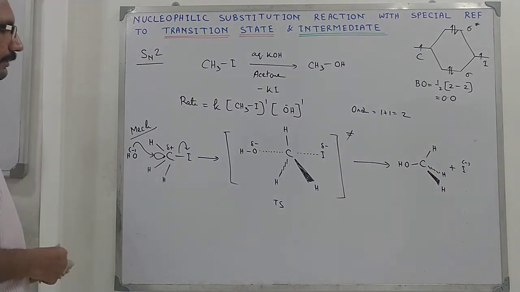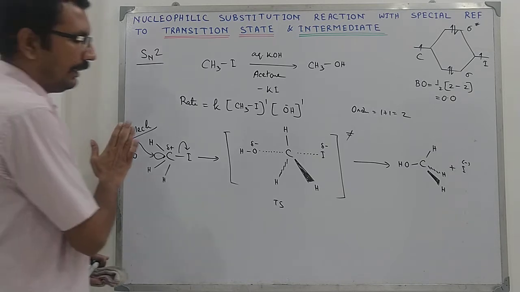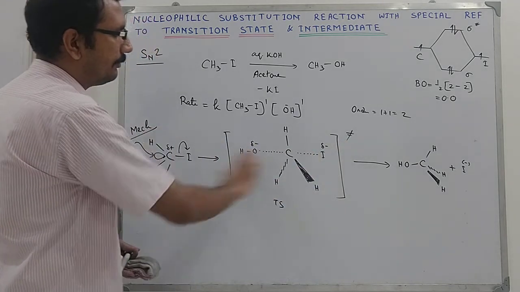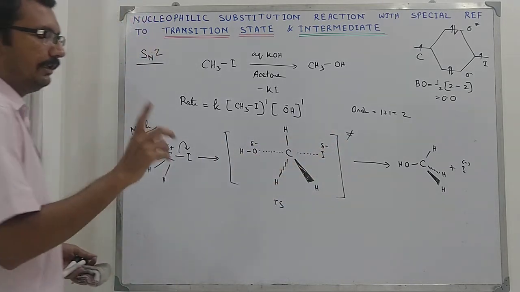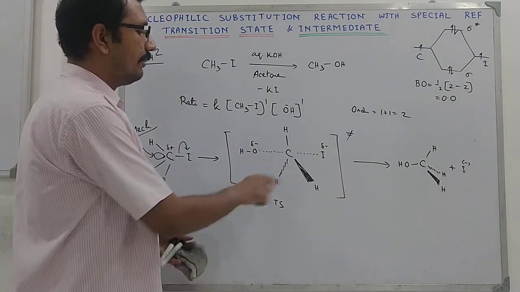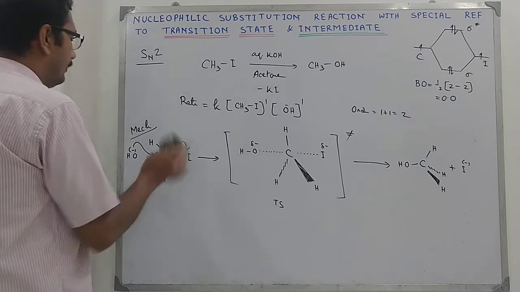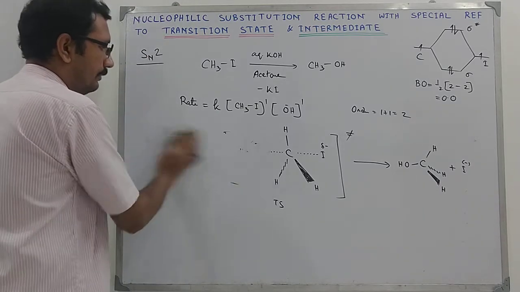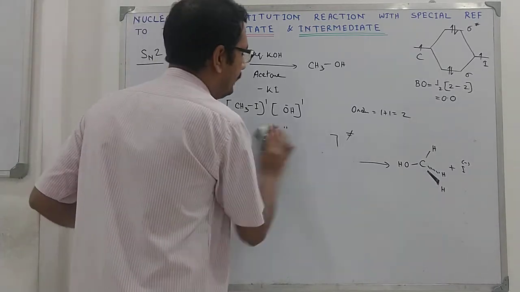So if we study the energy profile diagram for this reaction, we will see there will be a single barrier and no intermediate, and a single barrier means only one transition state. So how will it look?